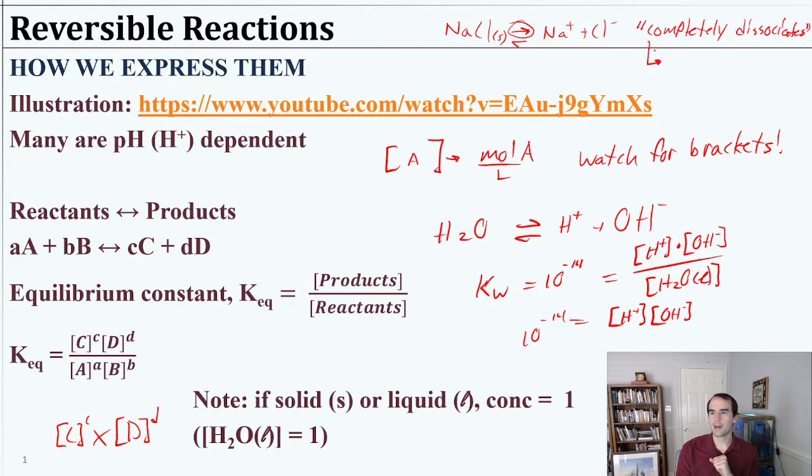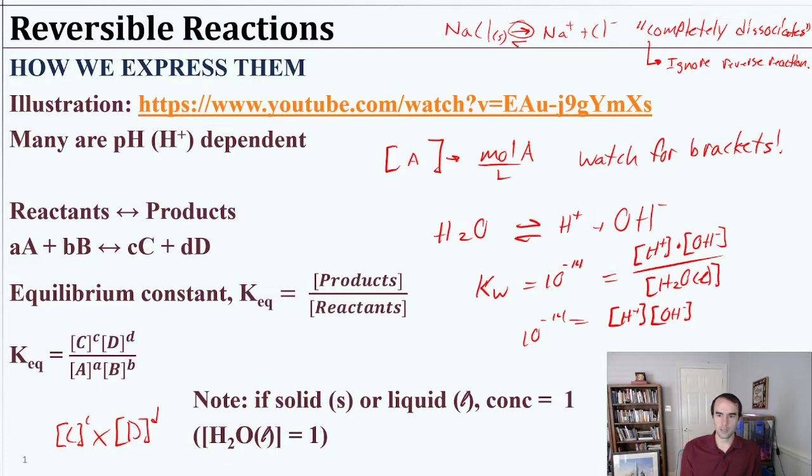So if you see that on a problem with something like sodium chloride, that generally means you can ignore a reverse reaction. And we'll take a look at some problems and how they're phrased to be sure that we can really have a good handle on that.